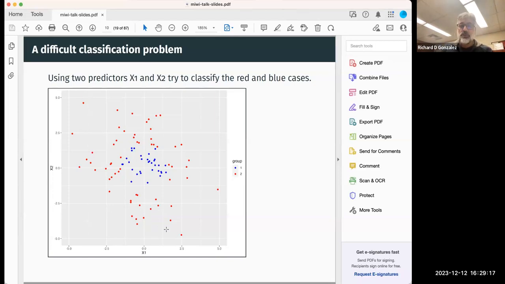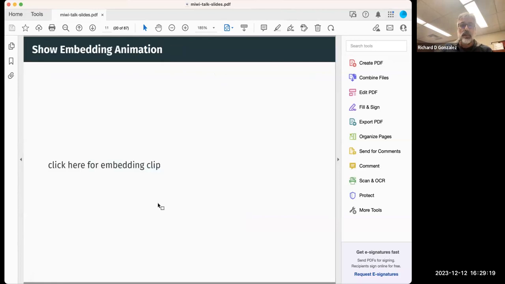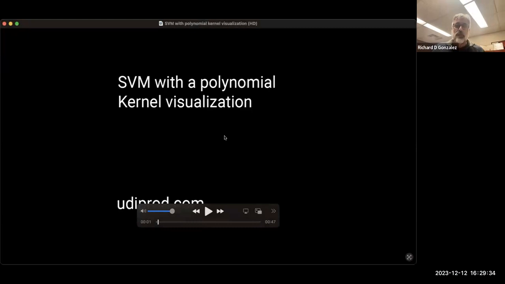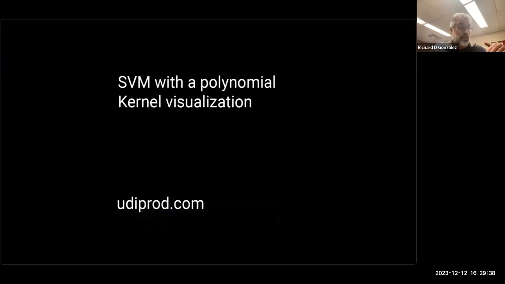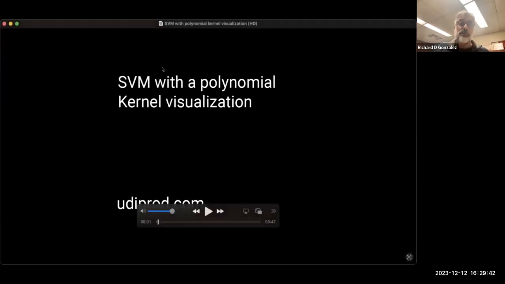But what we can do, and I have to switch to a different screen, is this. This is the one that popped up initially that looked scary. That circle makes it seem impossible to think about how you could develop a classifier that tells you a blue or a red individual.